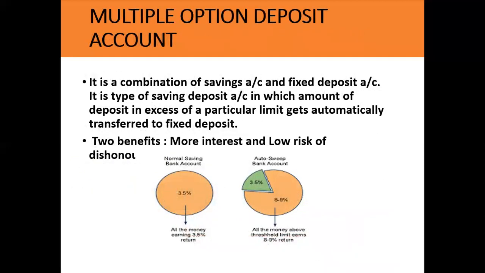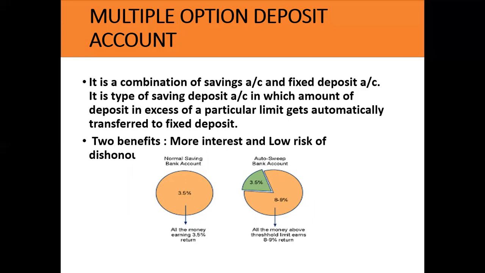Now there's another account, the multiple option deposit account. What it is, it's a combination of a saving account and a fixed deposit account. It is a type of account in which the amount of deposit in excess of a particular limit gets automatically transferred to fixed deposit. Let me tell you.